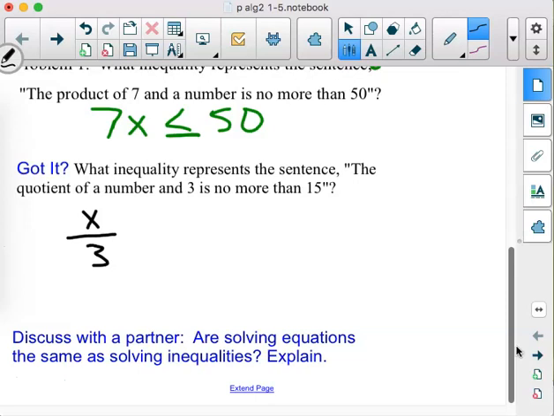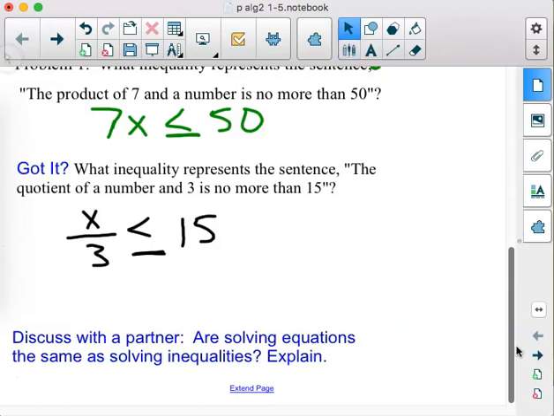So again, you ask yourself, can it be 15? Yeah, it can be 15. Can't be more than 15, so obviously it can be less than 15. So what I'm trying to do is talk you through different ways of taking the words and translating them into the inequality and getting what you need.